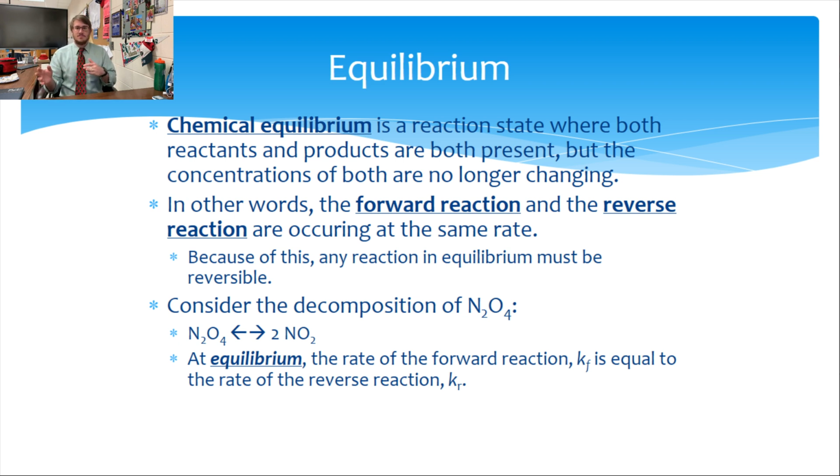And as it's kind of balancing out, about as many products are being formed as reactants, because there's way more products than there needs to be than there are reactants.